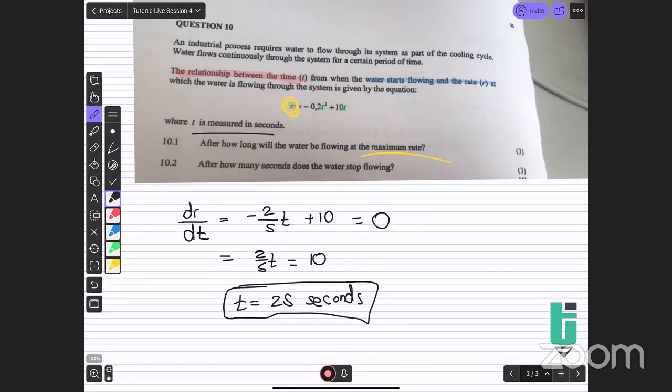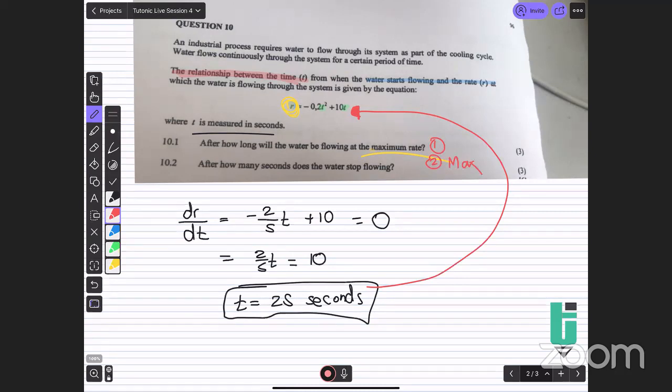Yes, that's very important. Well done. Because this question is asking you how long will it be at a maximum? It's not asking you what is the maximum. If it asks you for the maximum, you would take this 25 and sub it into the original. Do you guys see how there's two types of questions? It's this one, and the second one will be what is the maximum?